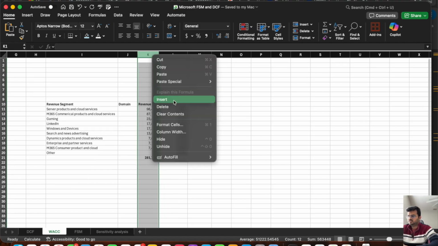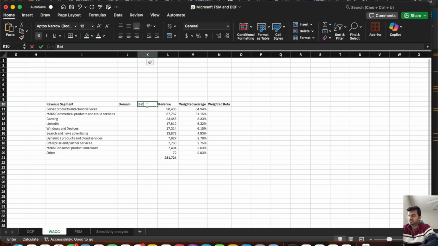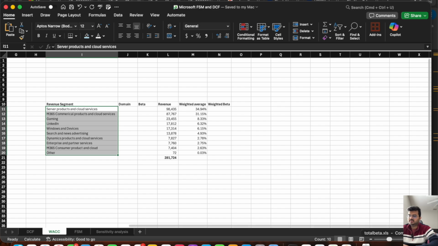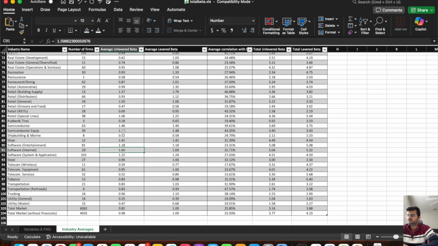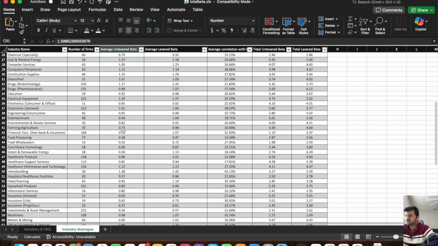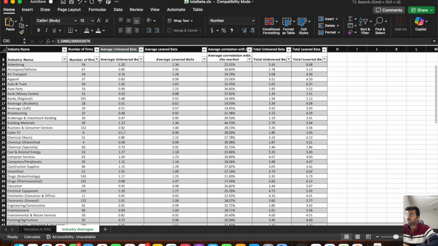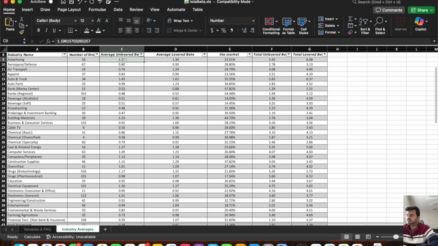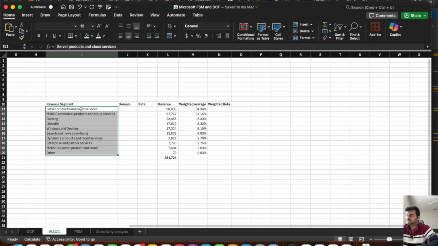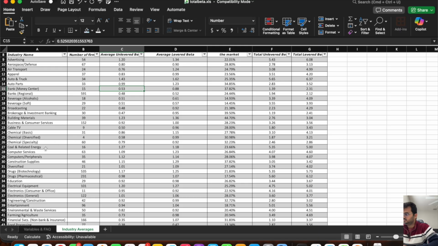I'll also add one more column here and call it beta. Now I'm going to figure out which segment in Professor Aswath's data each line item falls into, because Professor Aswath did this extensive exercise and calculated the unlevered beta for every domain.